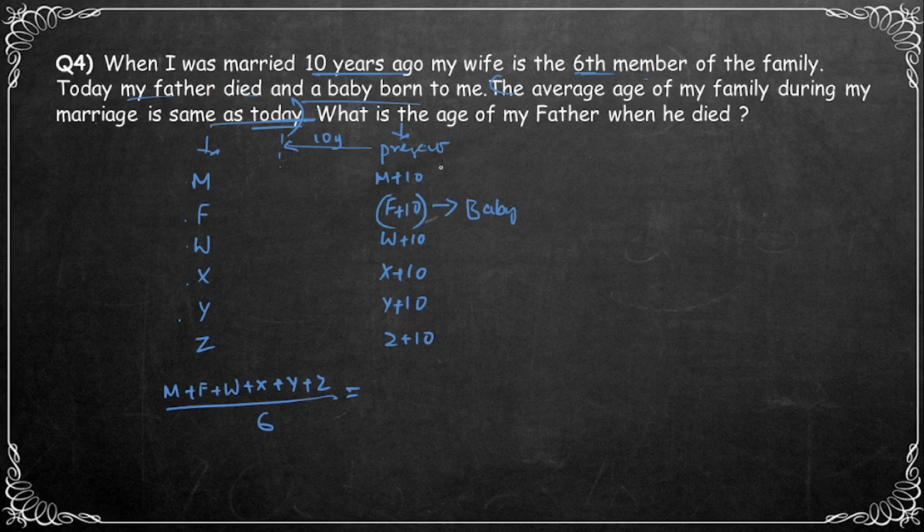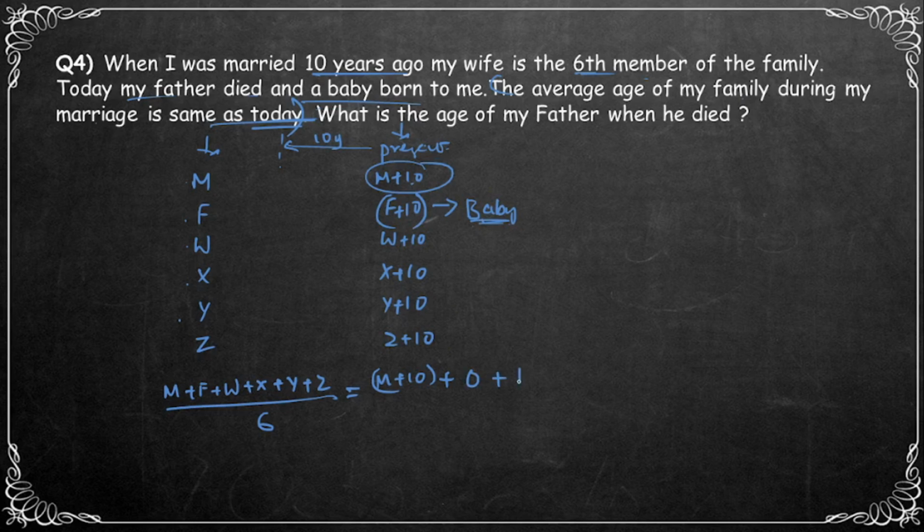average as today. Today is this m plus 10, which is the man's age, plus the baby's age, right? Father is dead, so we will not consider his age. So baby's age is 0 because it is his birthday, okay?